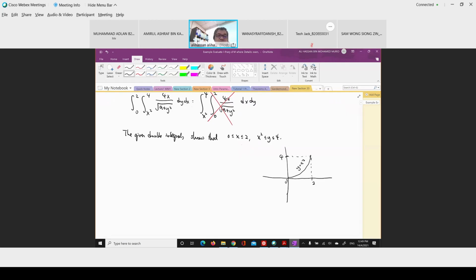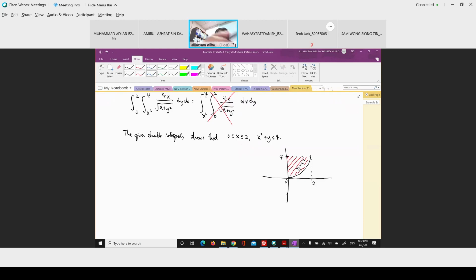So where is the region? x is between 0 and 2, and y is greater than x squared, so it is this shaded region here, and less than 4. So the double integral is over this shaded region as shown here.